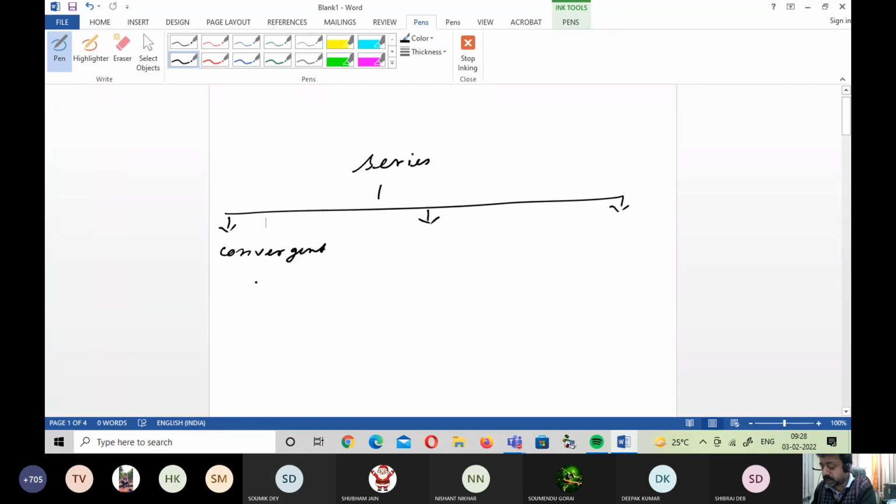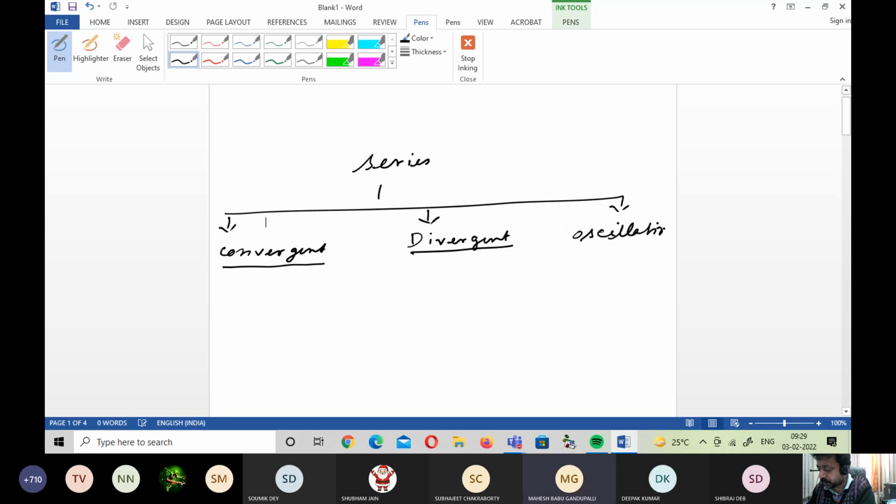A series is convergent, divergent, or oscillating. Now oscillating also oscillates finitely or infinitely, that we will discuss.